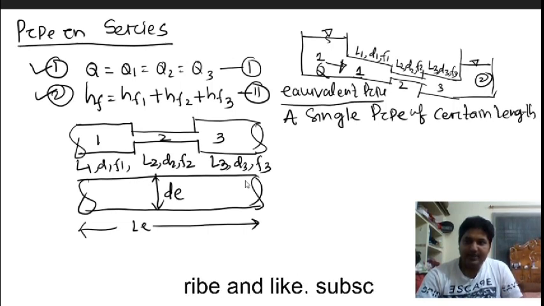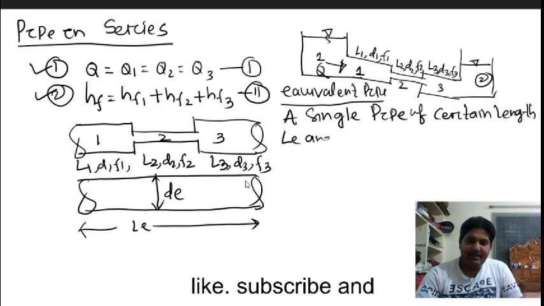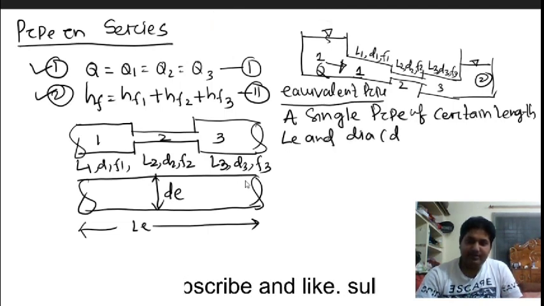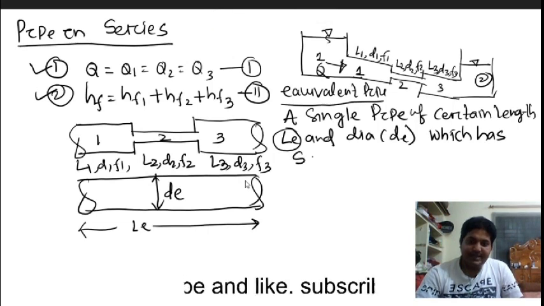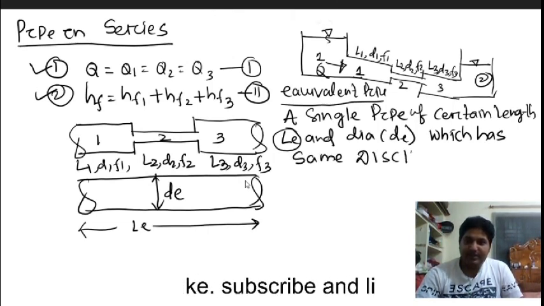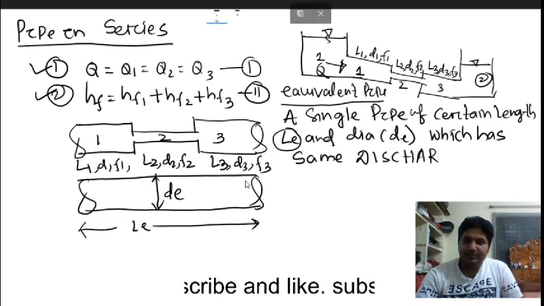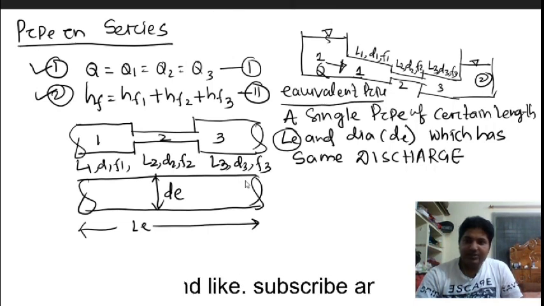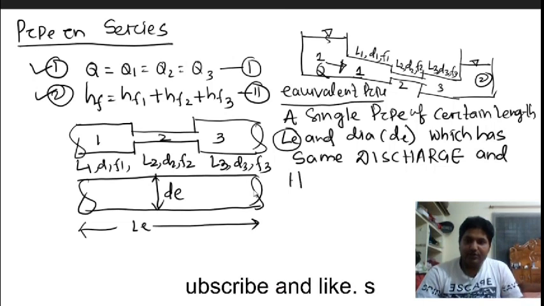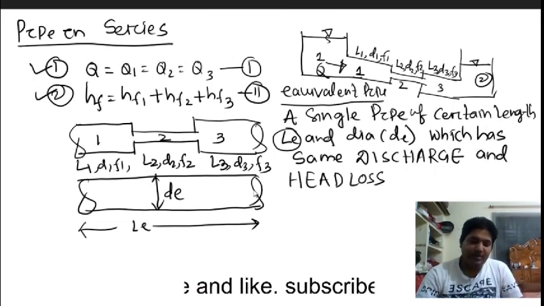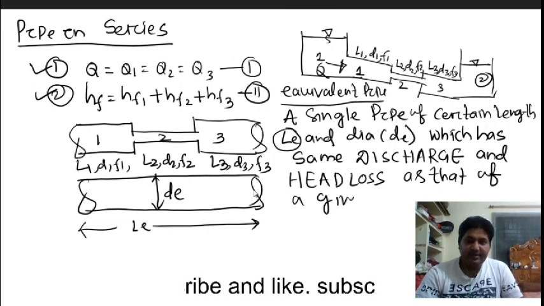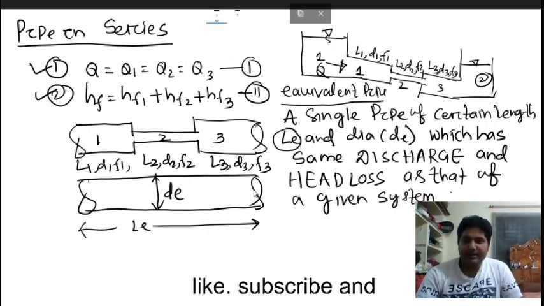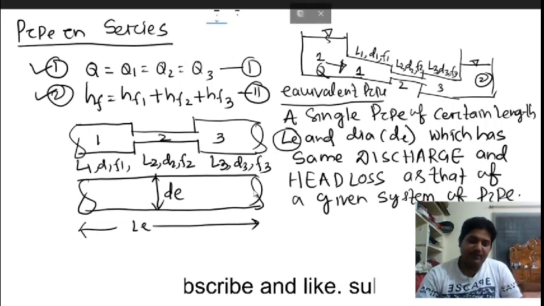This is LE, and the diameter is DE, the equivalent pipe diameter represented by DE, and the length of the equivalent pipe represented as LE, which has the same discharge and the same head loss as that of a given system of pipes. That is called an equivalent pipe.